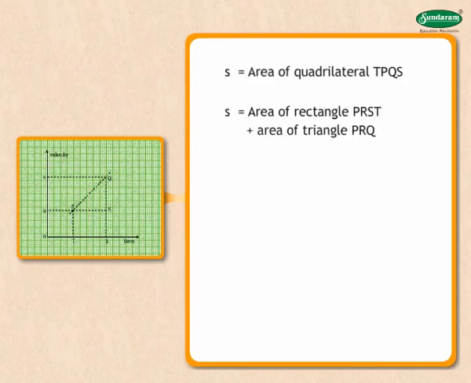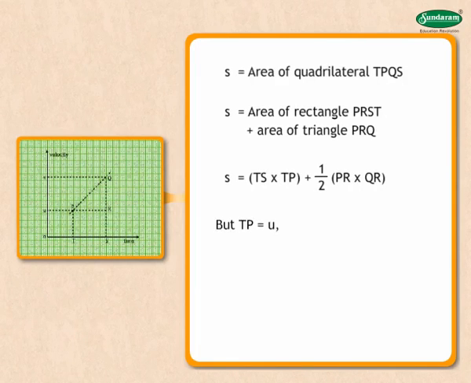We know that the area of any rectangle is length multiplied by breadth and the area of a triangle is half multiplied by the base into height. Therefore, we have s is equal to TS multiplied by TP plus half PR multiplied by QR.